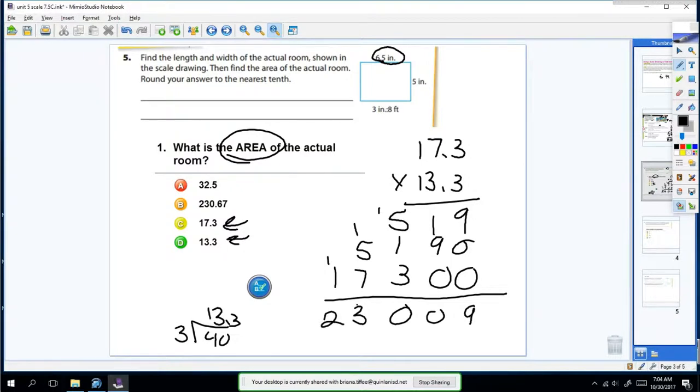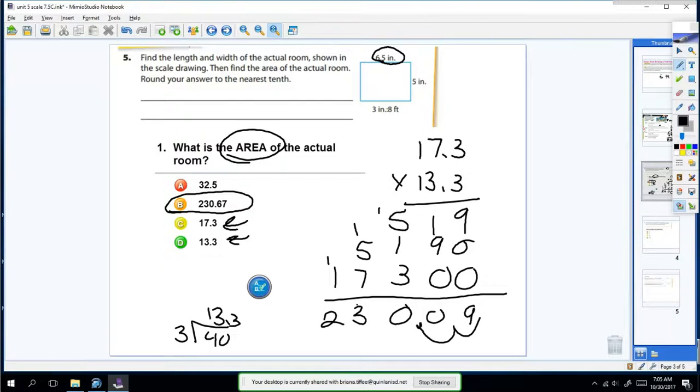Move my decimal twice. I think I did something wrong. Oh, yeah. So let me just say it's about 230. Because if you multiply 17.3 repeating times 13.3 repeating on a calculator, you get 230.67 repeating.